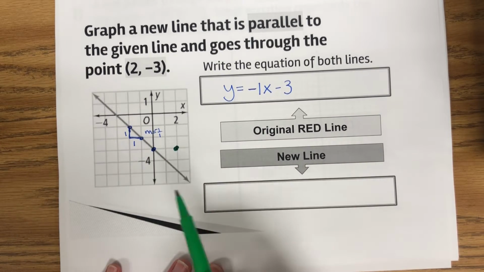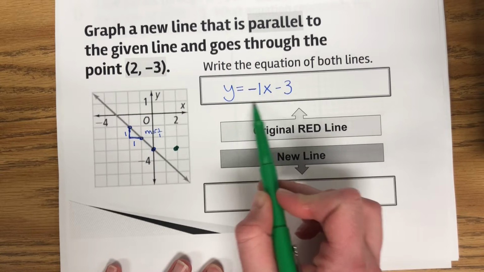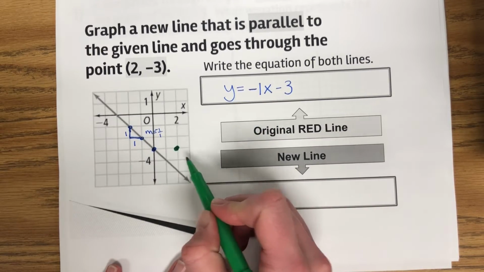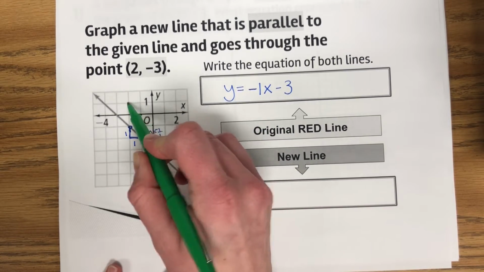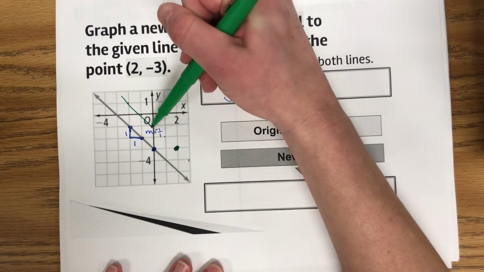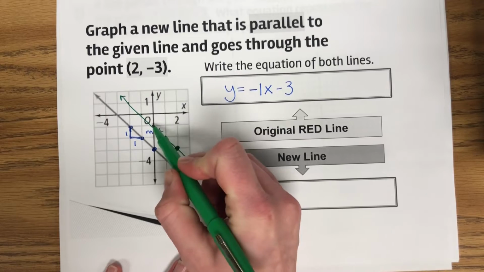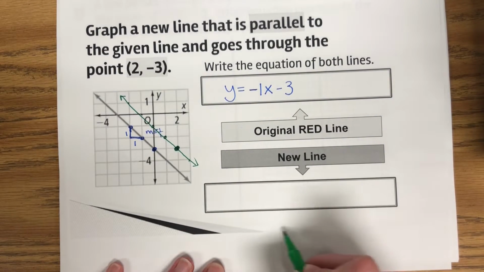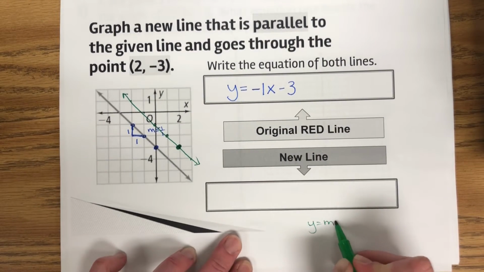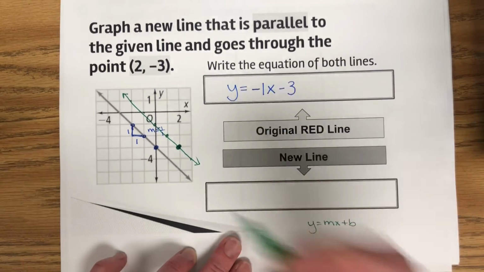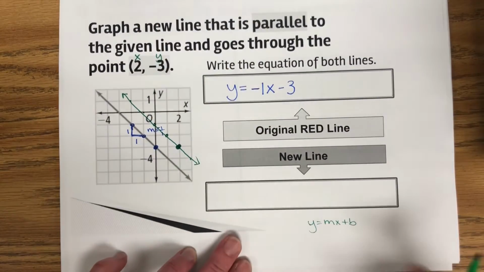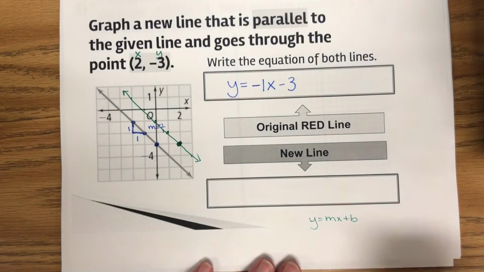And then again, you have two choices. You can use your slope of -1 to plot points and find your y-intercept. Or you can use y equals mx plus b to plug in for x and y and solve the equation.